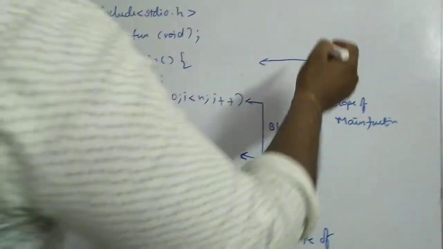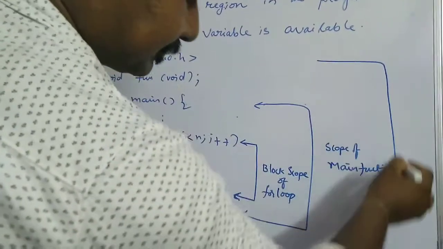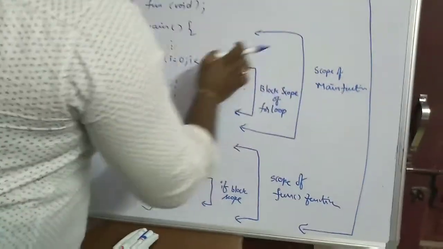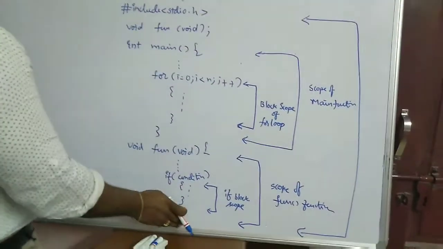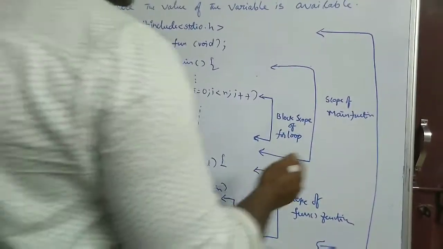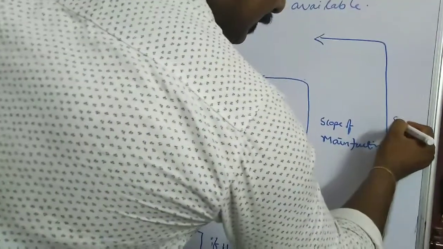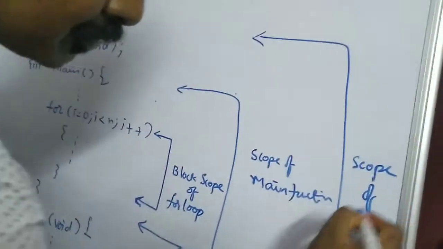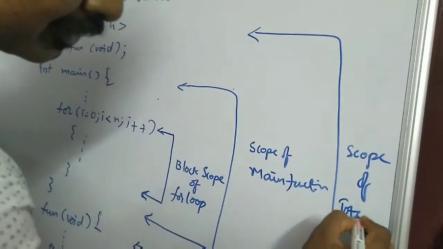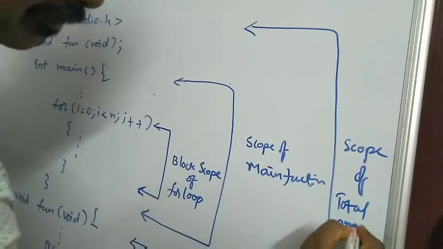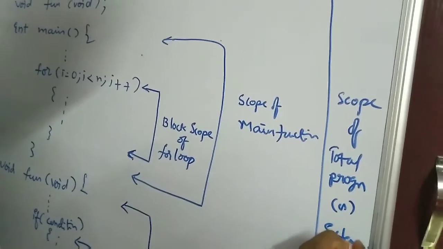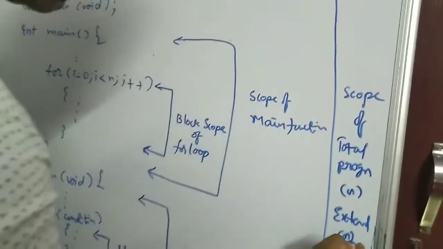And above all these things, from here to the definition of the function, this total is the scope of the total program, or you can call it an external scope, or a global scope.